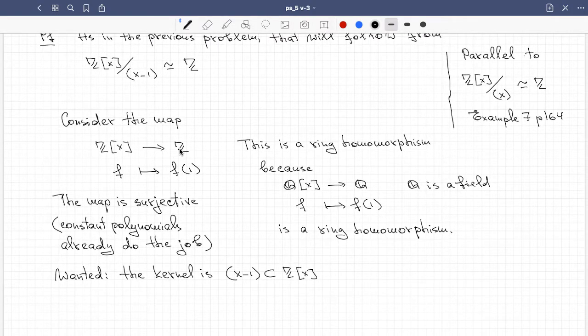The surjective homomorphism with this kernel will give you, by the first isomorphism theorem, this isomorphism, exactly as in the previous problem.